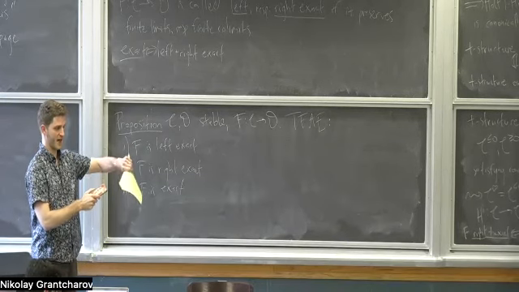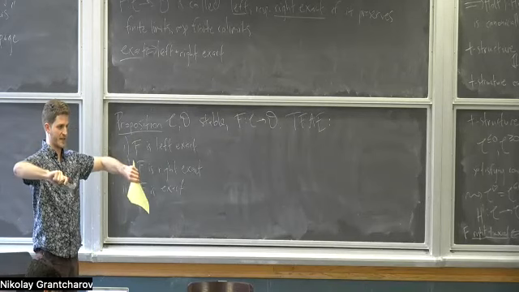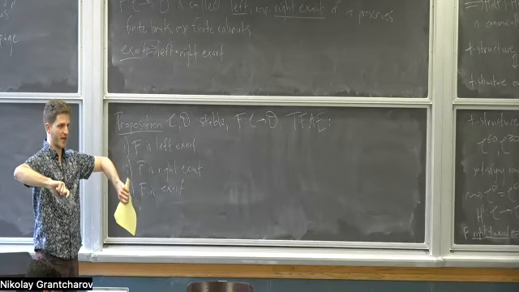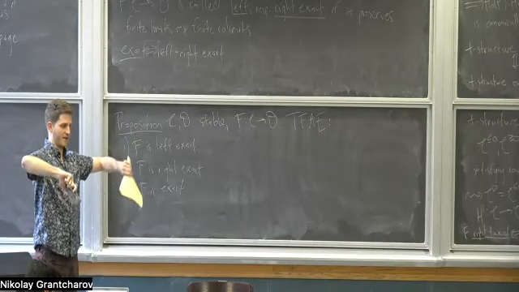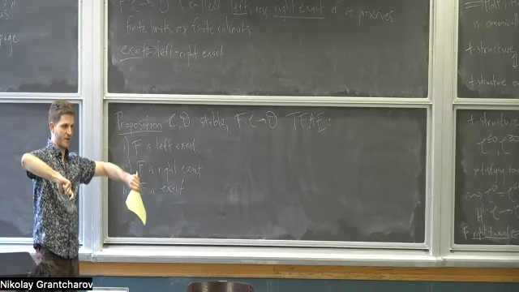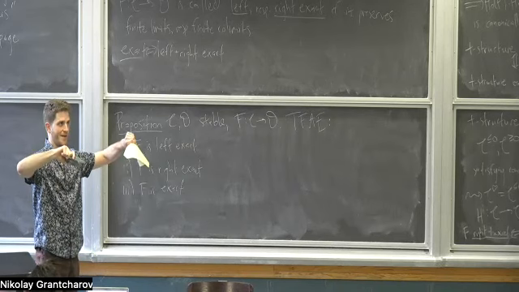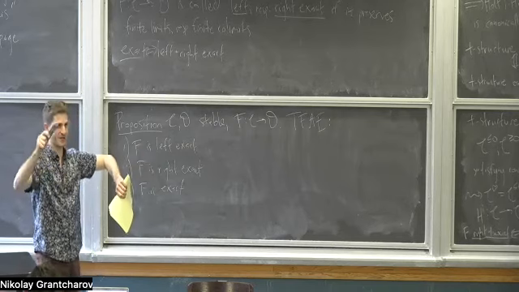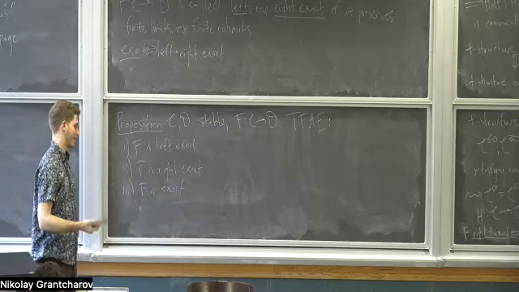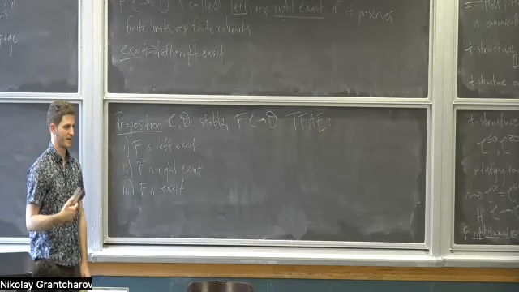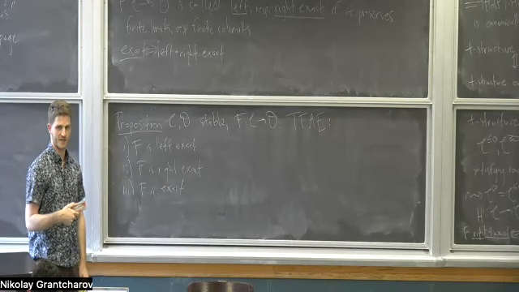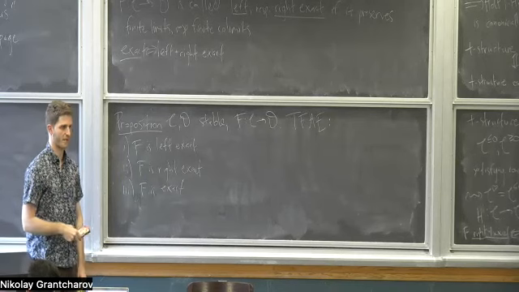So right T exactness for a left adjoint corresponds to left T exactness for the right adjoint, just like for abelian categories, right? Right exactness for the left adjoint corresponds to left exactness for the right adjoint. Just think about tensor product being right exact, inner hom being left exact. That's the example to keep in mind to remember those.